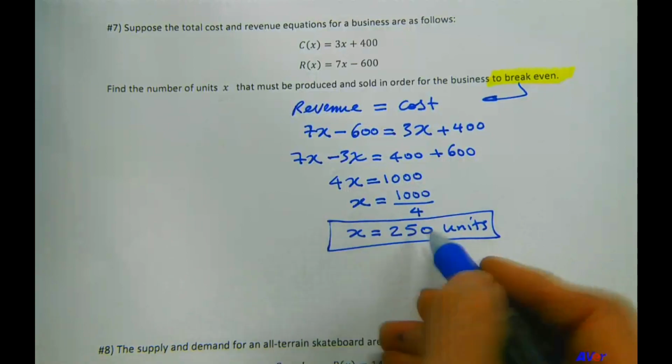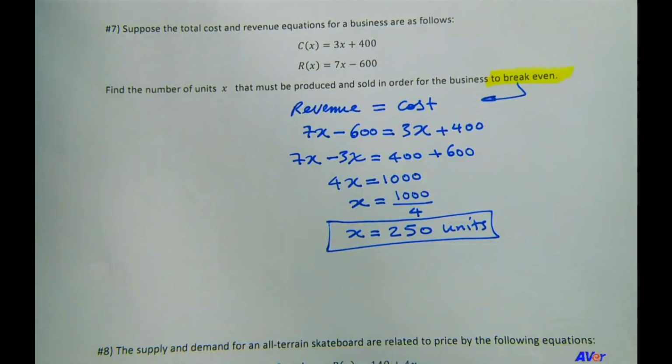So these many units must be sold in order for the business to break even. That means the business, after selling 250 units, is able to recuperate all of its cost. So what happens when the 251st unit is sold?